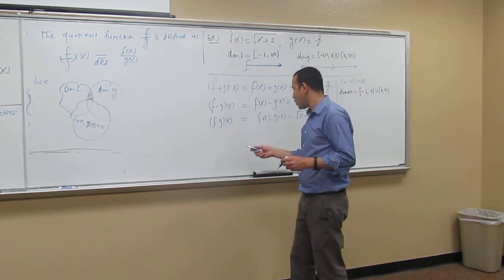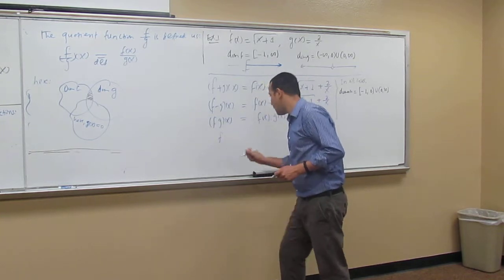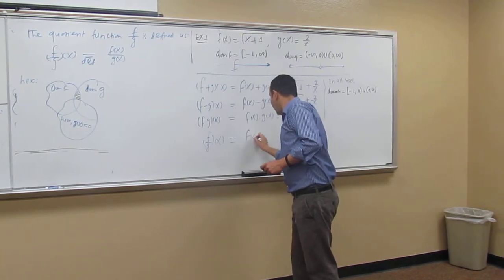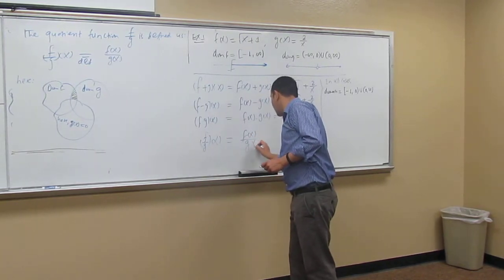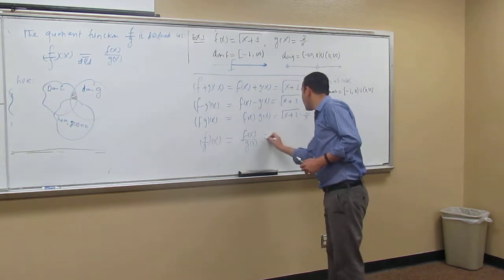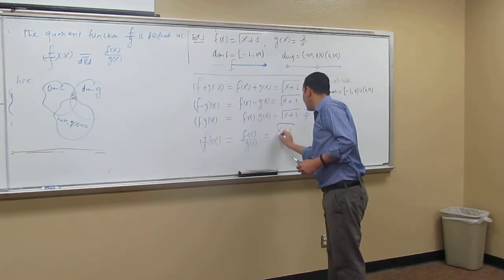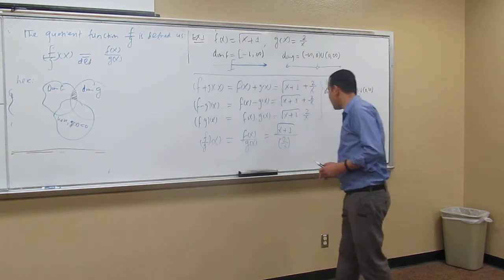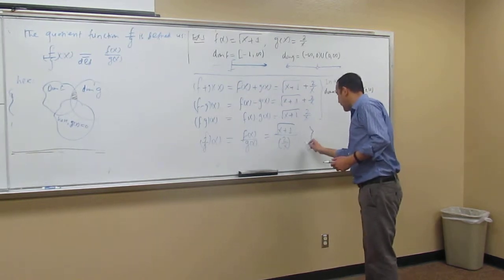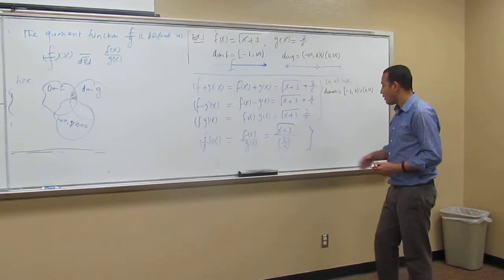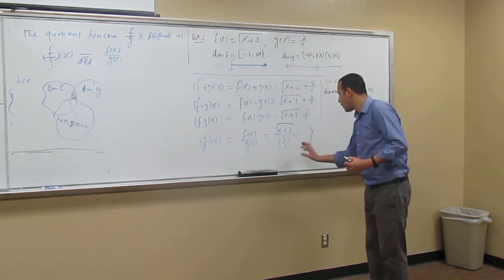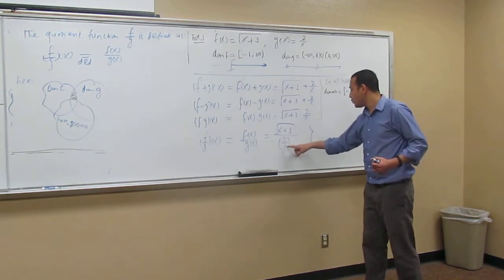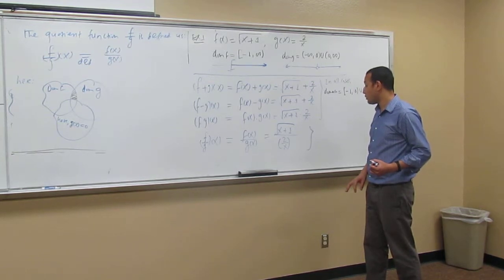We will have some trouble when finding the quotient. So f of x over g of x, and here it will be the square root of x plus 1 divided by 2 over x. For this one, I have to restrict more x's from the intersection of f and g, so that 2 over x should not be equal to 0.